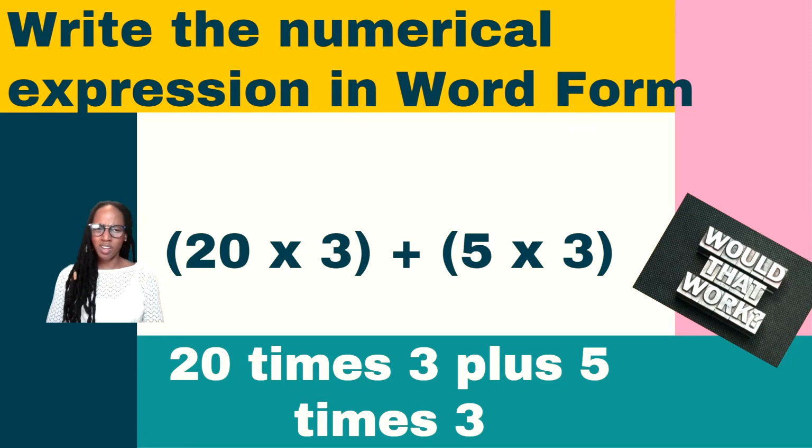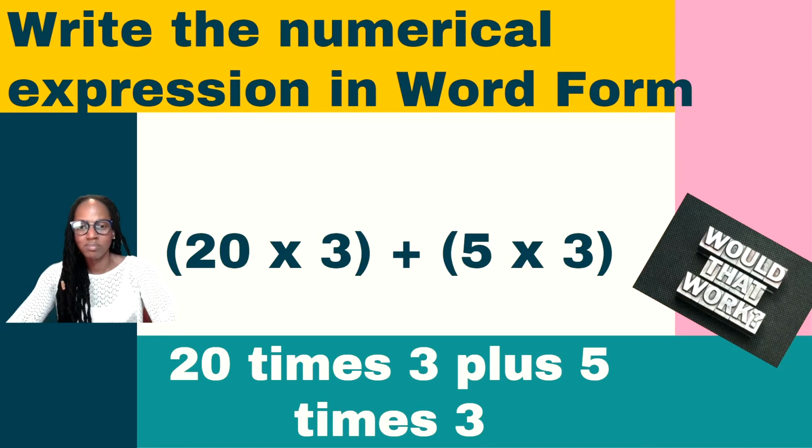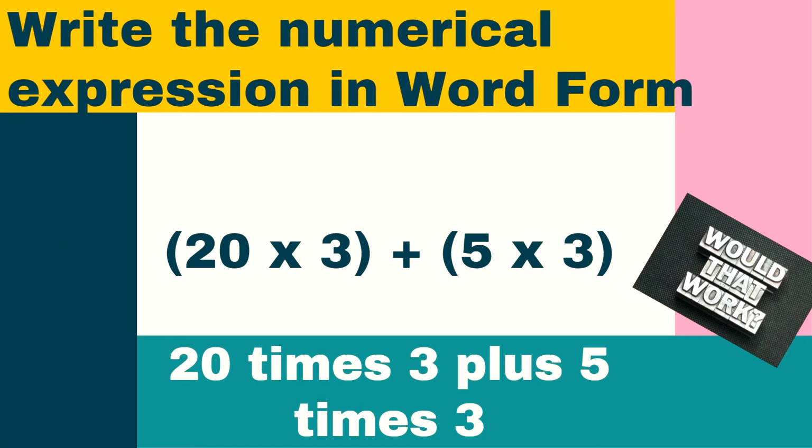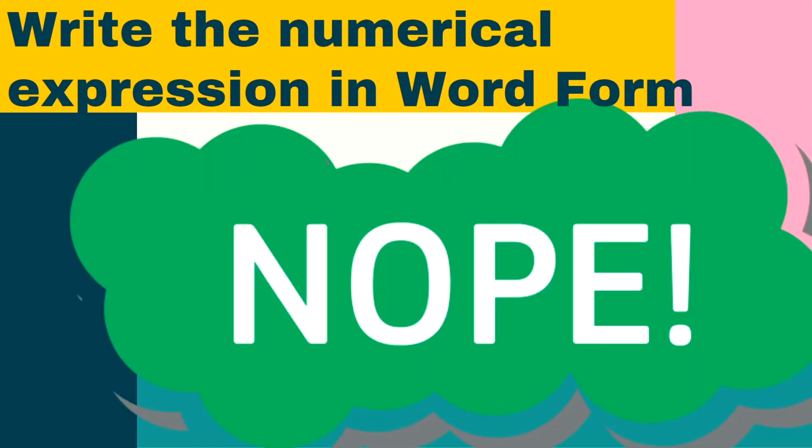Do you guys know whether or not it would work? I don't know. Let me think. You all, I don't think that's going to work. I think that's a big, fat nope. Here's why that won't work. Let's take a look.